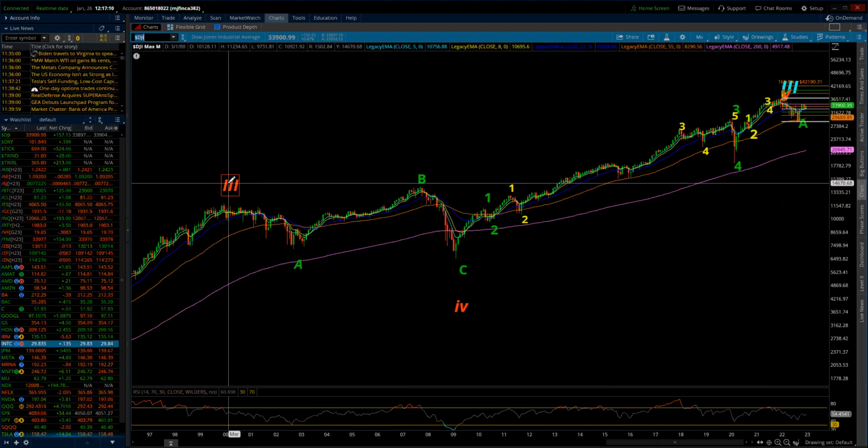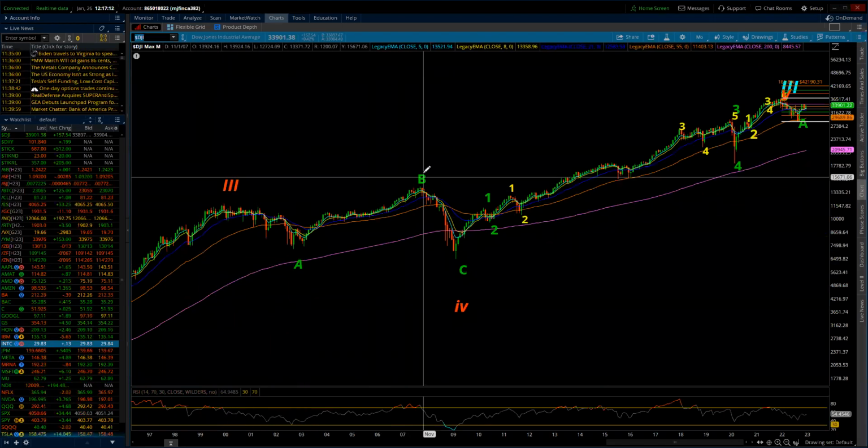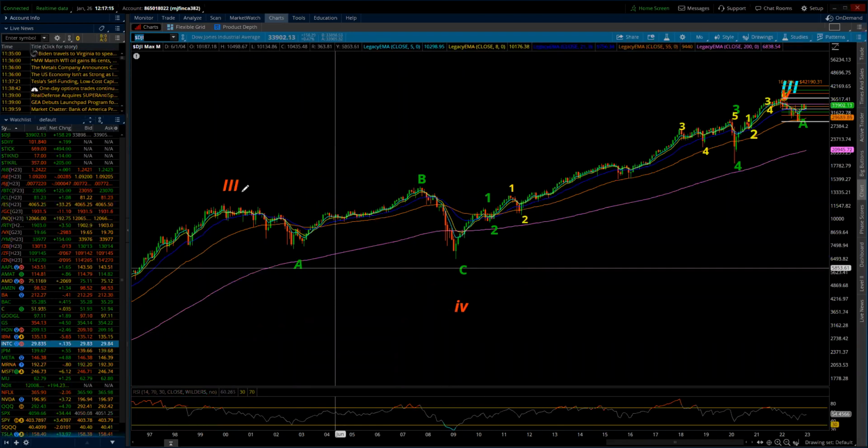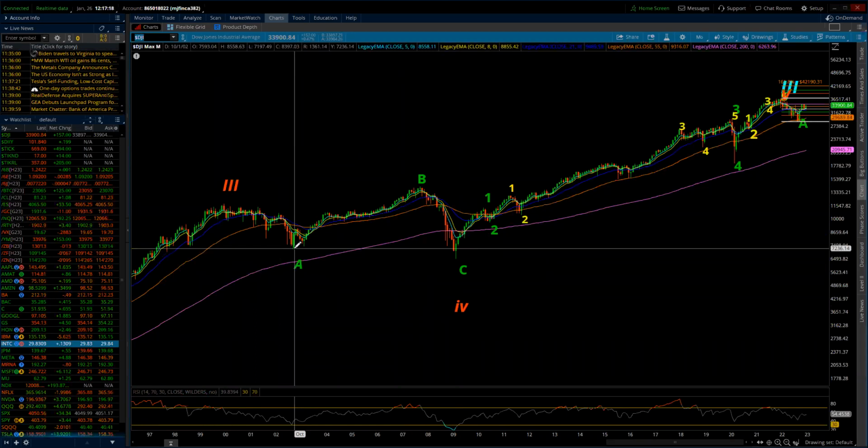Year 2000, cycle wave 3, we're going to get an A, B, C for cycle wave 4. Well, here's the A wave. Now we're starting a B wave, and there are Fibonacci relationships, and I'll talk about those in a moment too. The Fibonacci relationships between the different waves also give us the levels that we would be looking for. For example, when you get a wave A decline and you're looking for a B wave rally, the most common Fibonacci number for that B wave to retrace against the A wave would be about 50% to 62%.